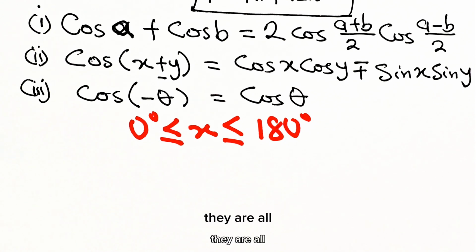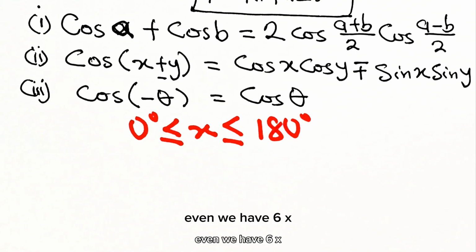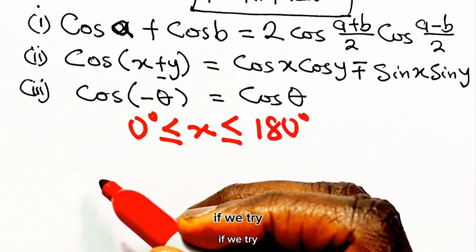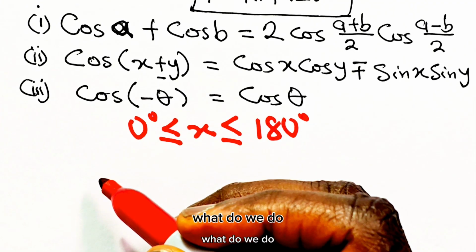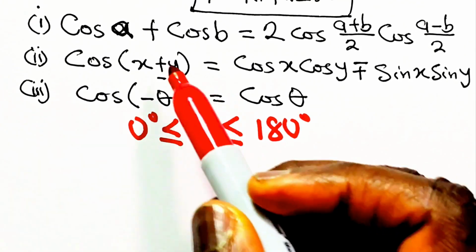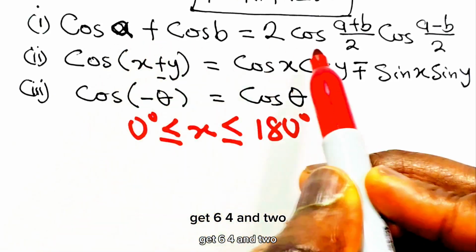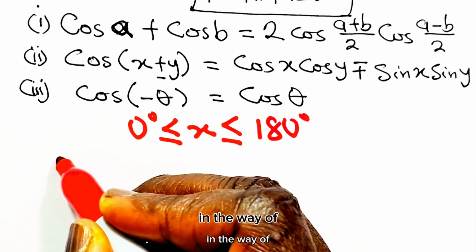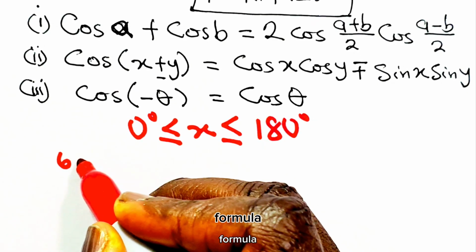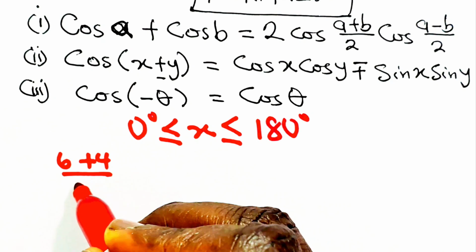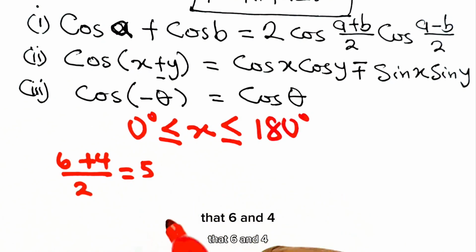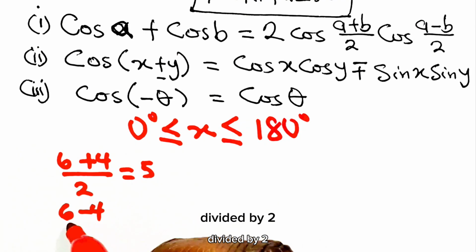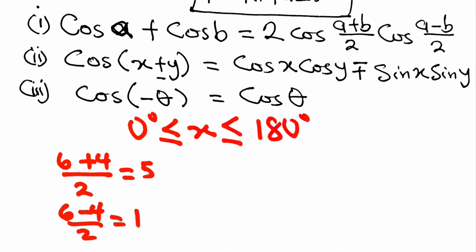So if we try to get 6, 4, and 2 in the way of addition based on this formula, if we pick 6 and 4, then 6 plus 4 divided by 2 will give us 5. And also 6 minus 4 divided by 2 will give us 1.